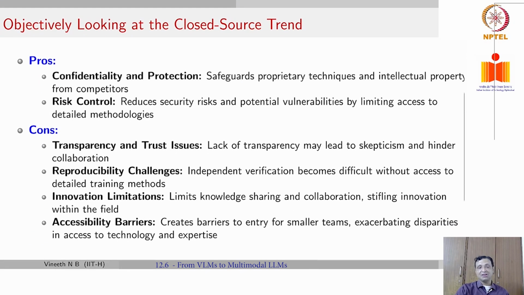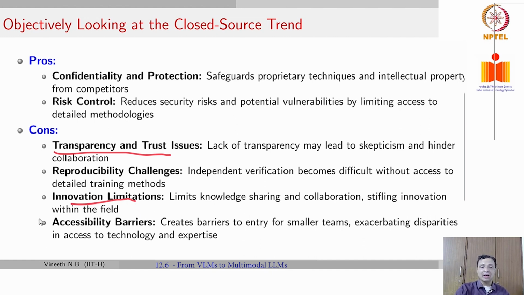But the cons are significant too. There are now transparency and trust issues because the model is no more open source, and the lack of transparency may lead to skepticism and hinder collaboration. There could be reproducibility challenges because we don't know anymore how the model actually works in terms of its architecture. Innovation limitations, because it's not going to be easy to build on top of those models, since replicating those results may take many months of effort.